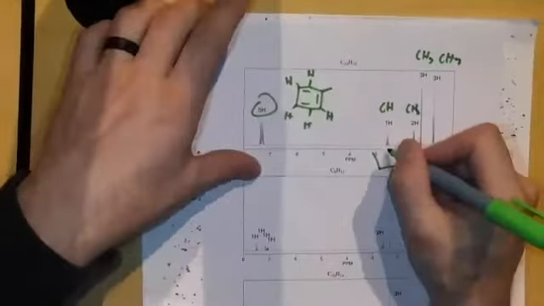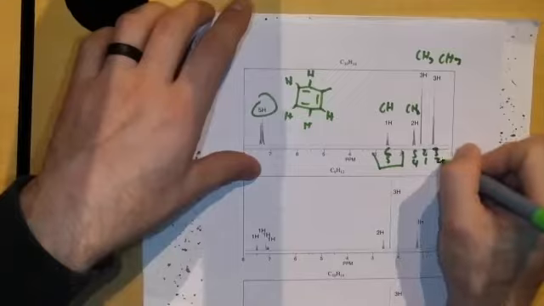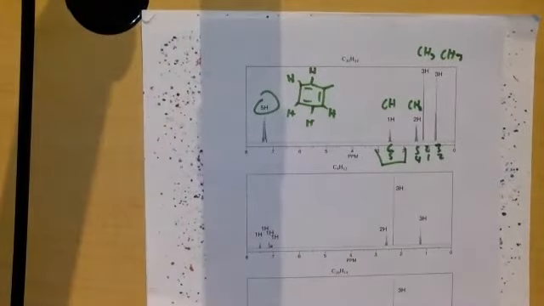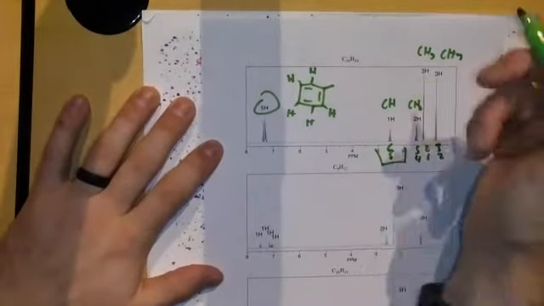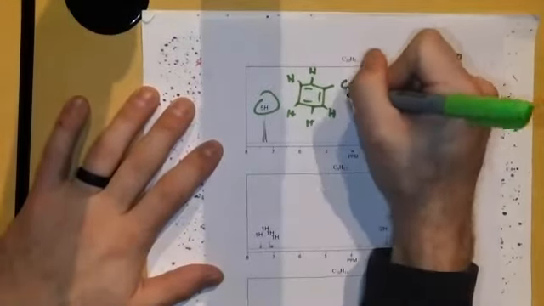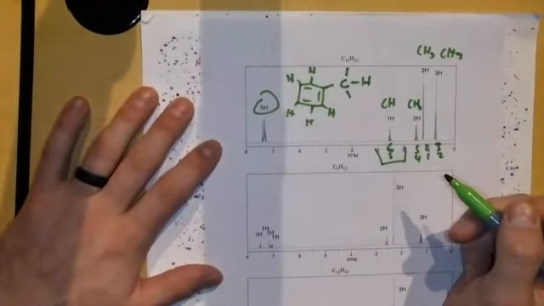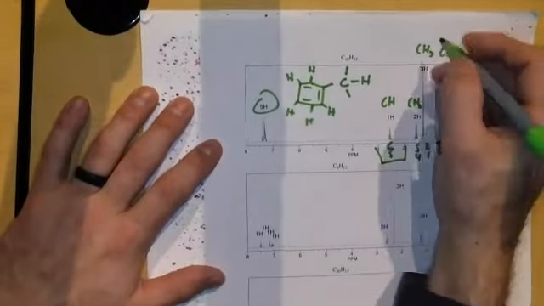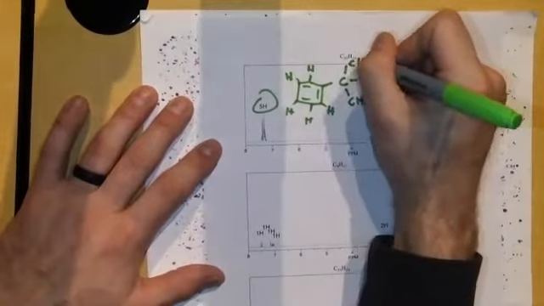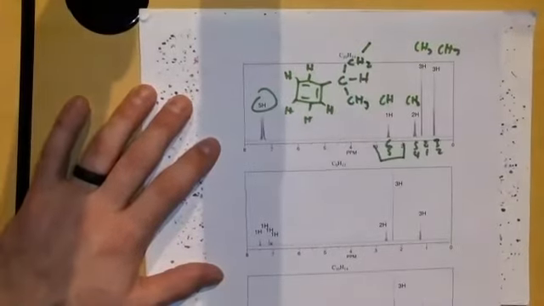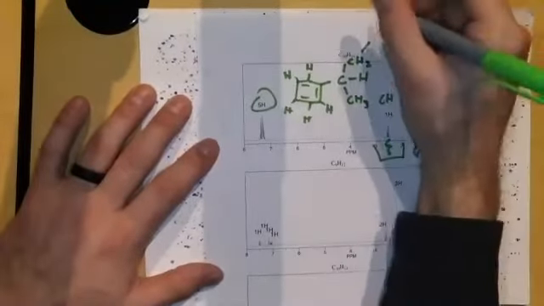The CH has 6 peaks. It's in the 2 to 3 range, and it's most likely the one that's connected to the ring. It's a CH. It's supposed to have 5 neighboring H's. It currently has 0, so it needs a CH3 and a CH2 in order to make 5. Our CH2 is supposed to have 4, currently has 1, so it needs a CH3.